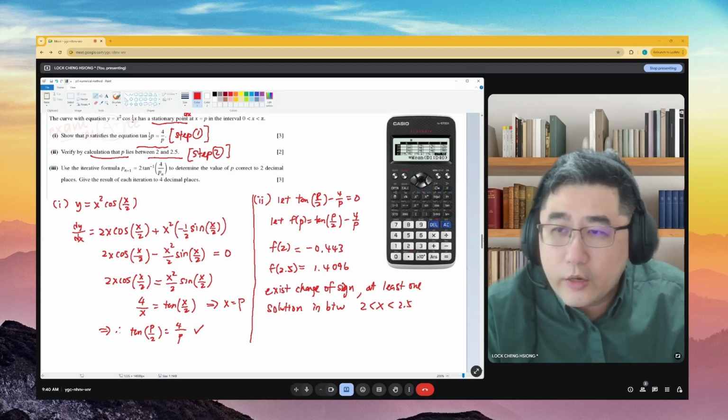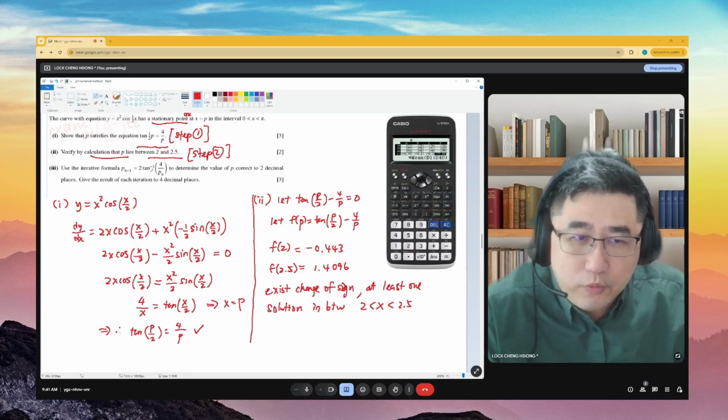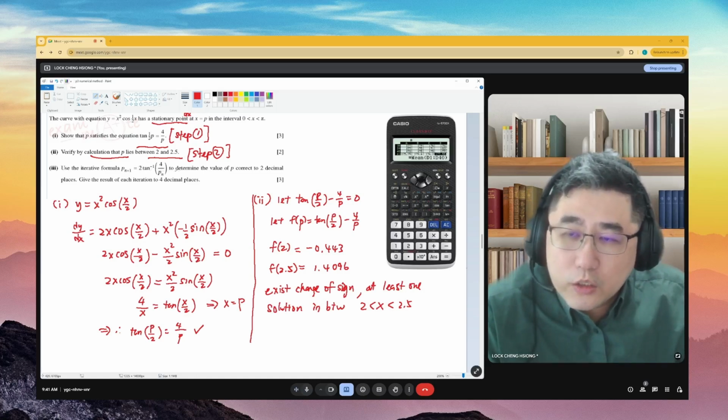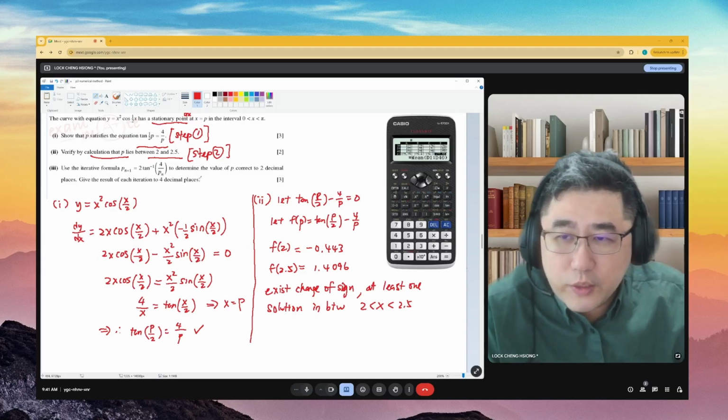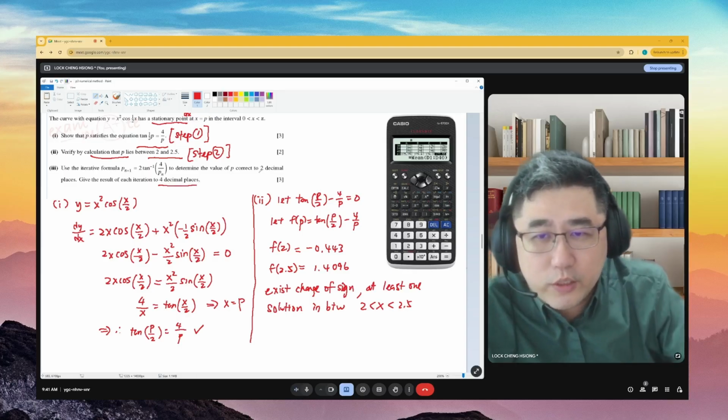After that, step 3: use the iterative formula P n plus 1 equals 2 arctangent of 4 over P n. They already give you step 3 here, which is algebra rearranging. Use the iteration formula to determine the value of P correct to 2 decimal places. Give the result of each iteration to 4 decimal places.